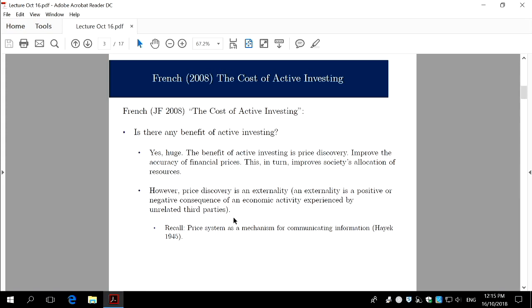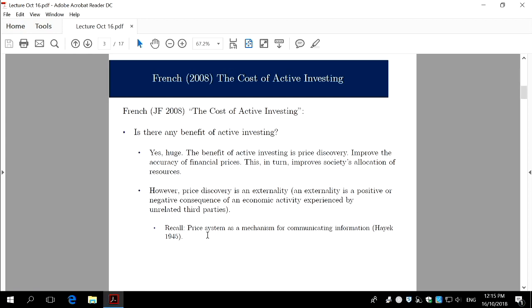In other words, if you recall Hayek, the activity of those active investors makes the price system a better mechanism to communicate information, because this is the primary role of the price system, right?